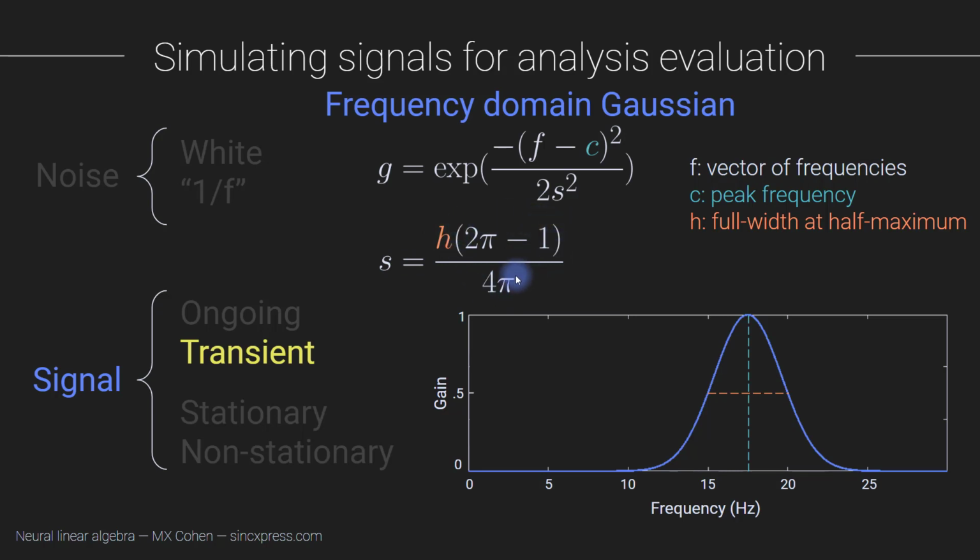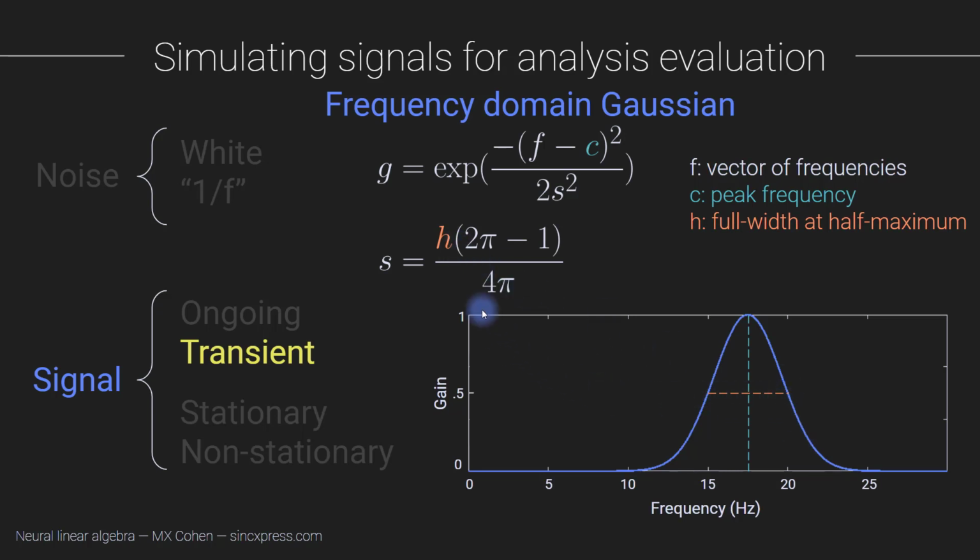So this is really just a normalization factor. We're really concerned with h here, and h is the parameter that's also the full width at half maximum, just like in the previous slide, but this is now the full width at half maximum in the frequency domain. So let's see, I would say maybe this is a full width at half maximum of 6. So the parameter h might be 6 here.